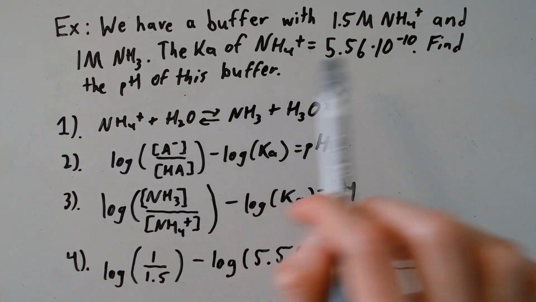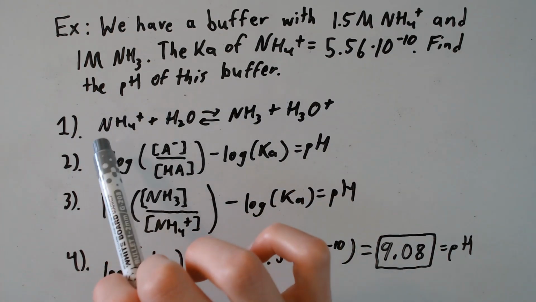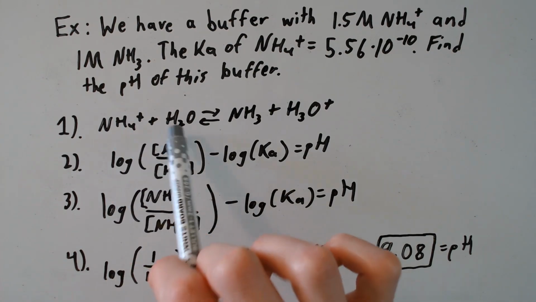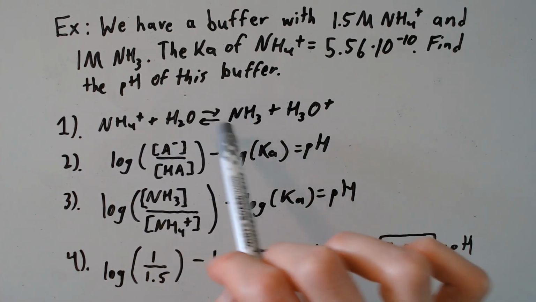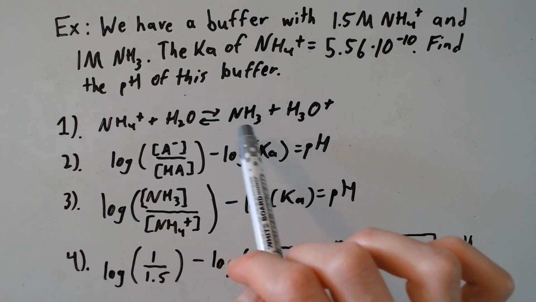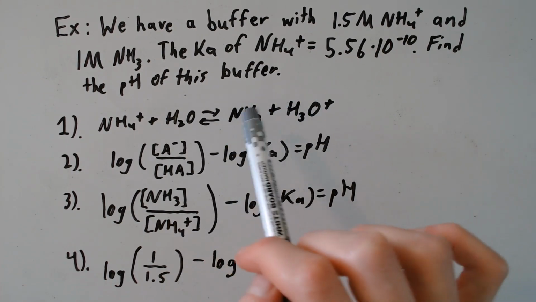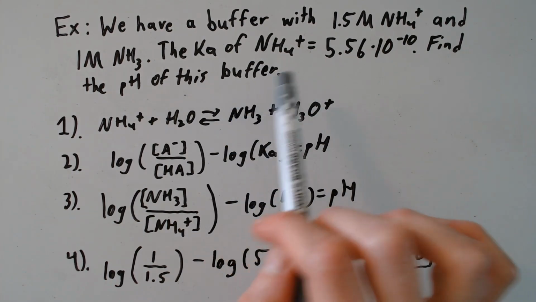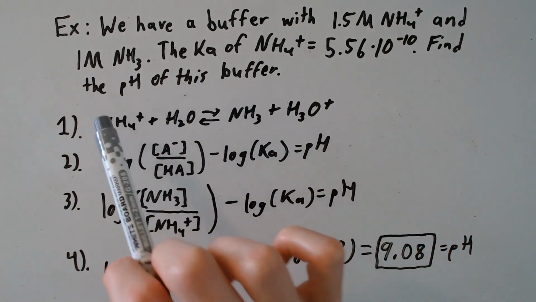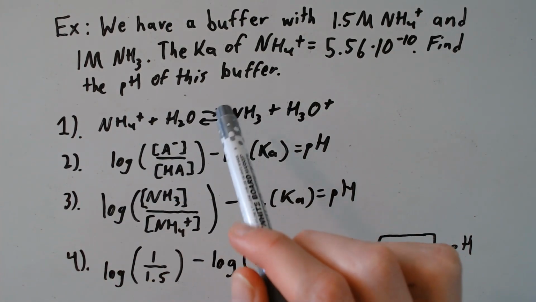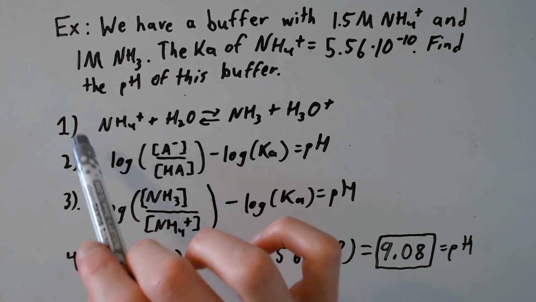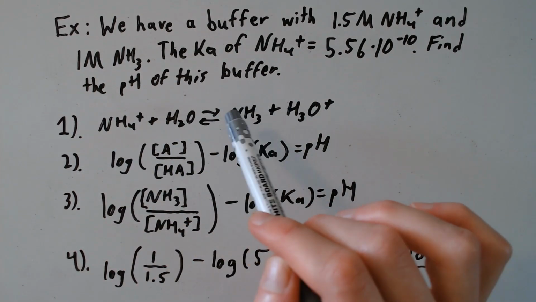We know that the NH4 plus is the weak conjugate acid because NH4 plus gives an H to H2O to make some NH3, which is its weak conjugate base, and H3O plus. And this NH3 can take some H's from H2O and make some NH4 plus backwards. So there's a weak conjugate acid and there's a weak conjugate base.